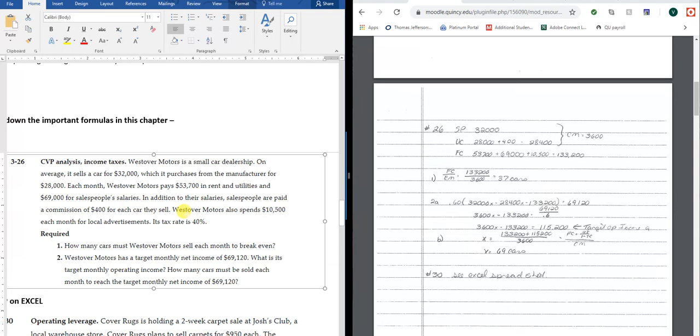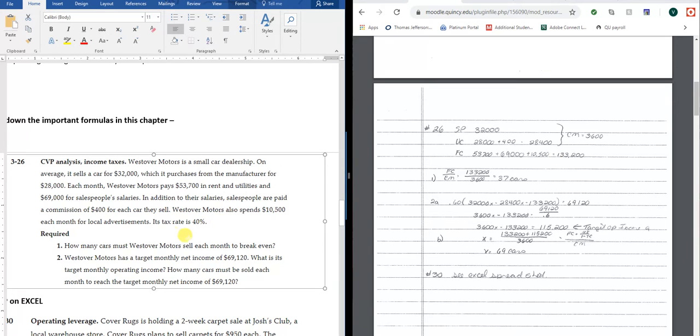I really think if this problem had been better stated, they should have told you the rent, utilities and salaries are also on a monthly basis, because there it is, I'm sorry. So each month they pay that in rent. Occasionally you'll run into a problem that gives you yearly information, then monthly information, and you have to make sure you're on the same basis of everything per month or per year.